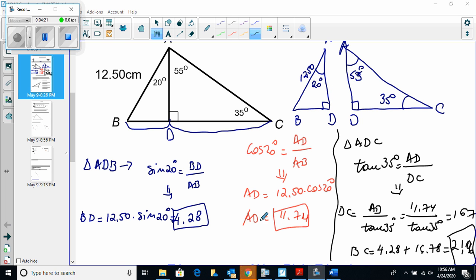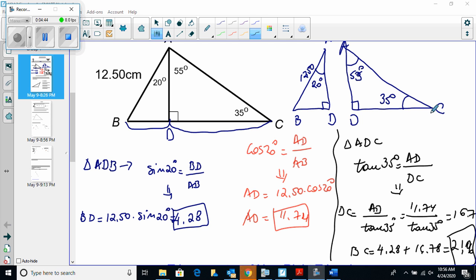So using again the same triangle ABD, we will find the length of AD, and this length is 11.74 centimeters. Then on triangle ADC, tangent of 35 is AD over DC, and from here we find the length of DC.